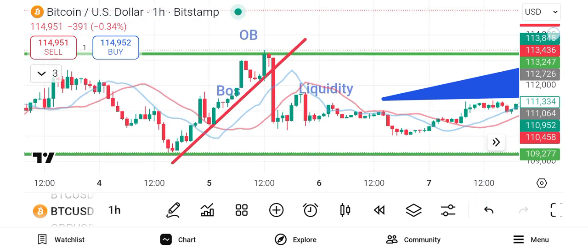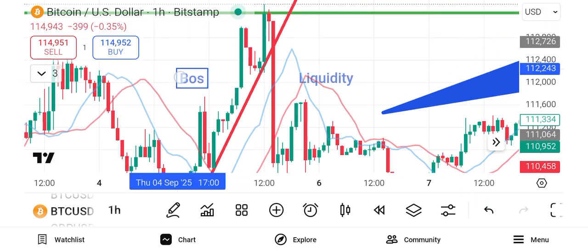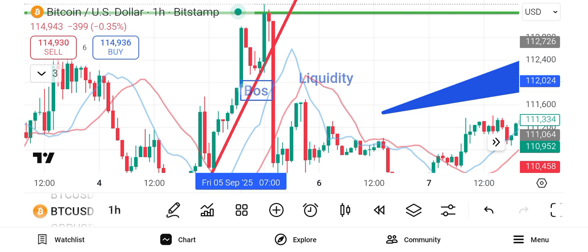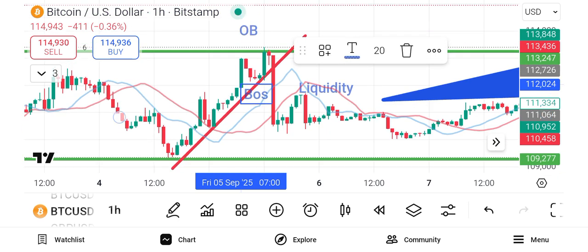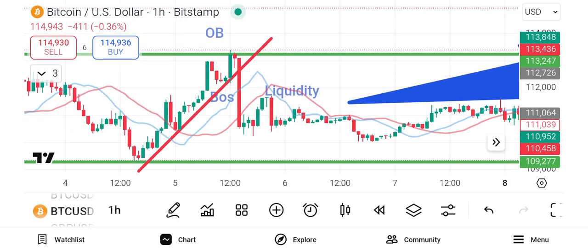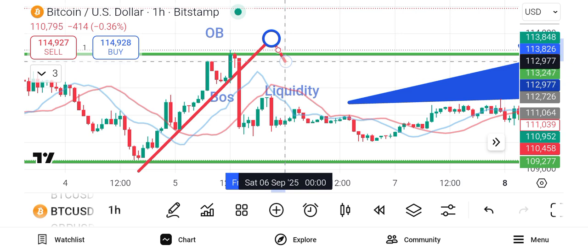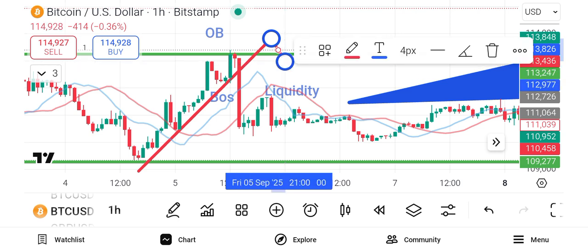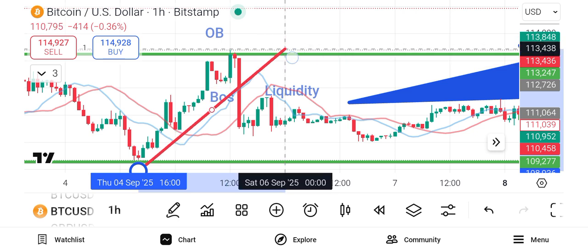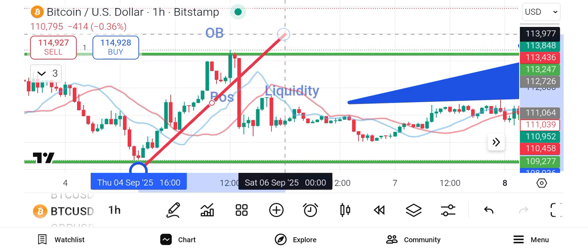You can see it clearly. So this is a BOS here. BOS means break of structure. As you can see, the trend line I marked here, the market has been trending up like this, uptrend.